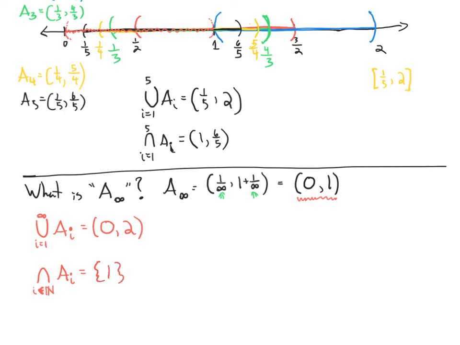And let me explain why. Let me show you why 1 isn't in anything else. So consider the interval 1 over I to 1 plus 1 over I. So for any I, for any integer that you like, or I should say natural number that you like, 1 is definitely greater than 1 over I. That bit's easy.